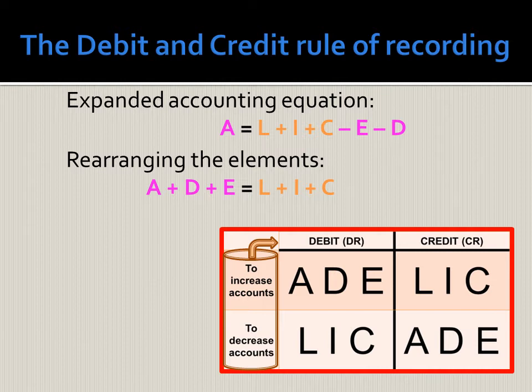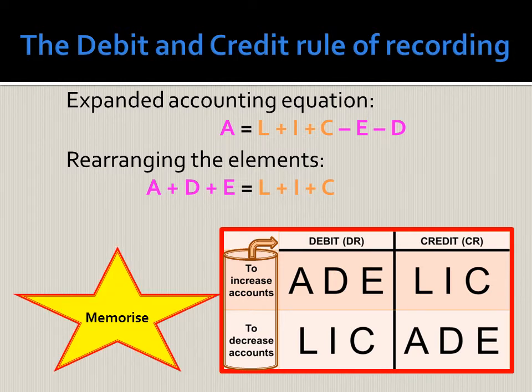Simply put, after you have analyzed your transactions, you would need to translate that increase or decrease to debits or credits. This is nothing more than translating the mathematical language of pluses or minuses to debits or credits.